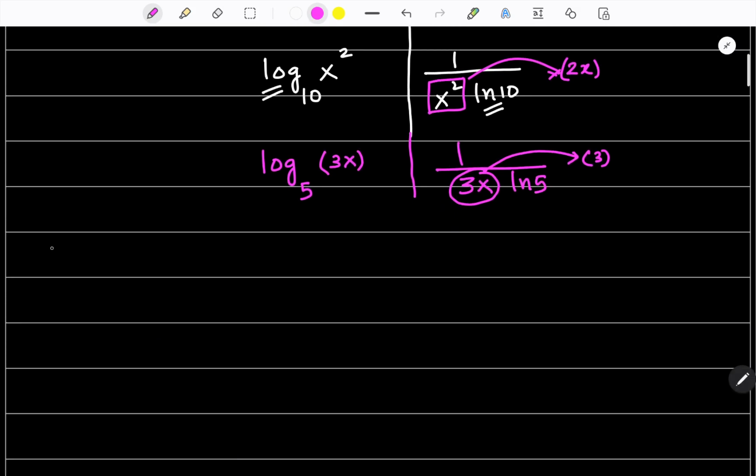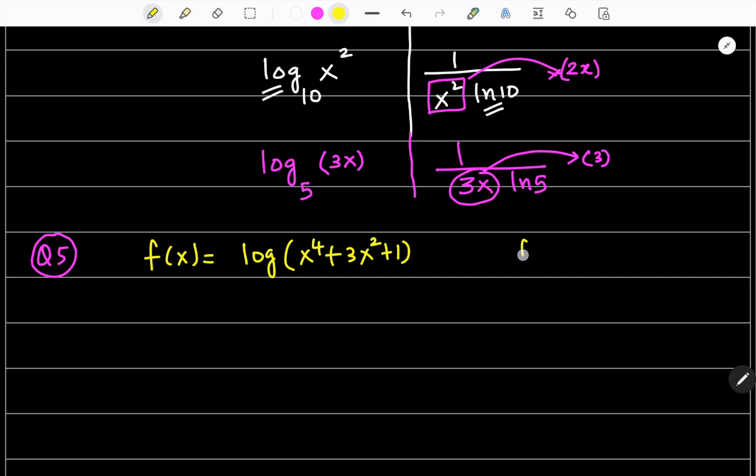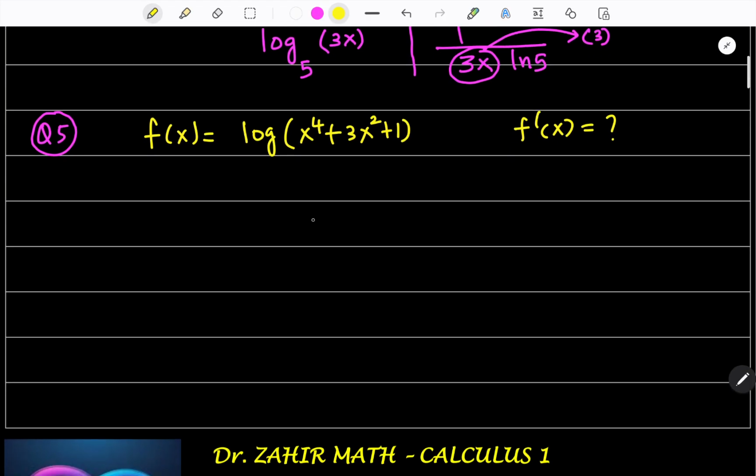So let me go to the question, right? So now question number 5. So what is the question? F of x is equal to log of x power 4 plus 3x square plus 1. And the question is f dash of x. We will write in a table model. This is your f of x and this is your f dash of x.